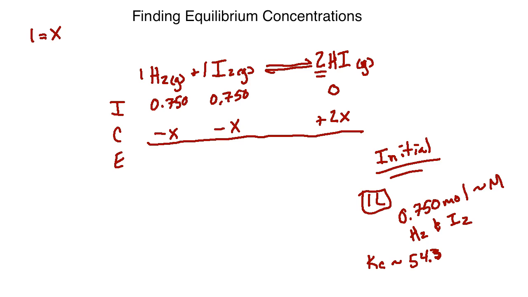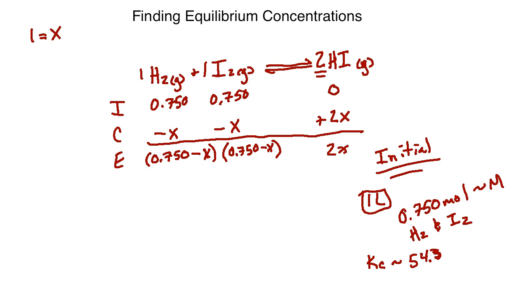So then, if I look at what I have here, at equilibrium, I have 0.750 minus X for the H2. And then I also have 0.750 minus X for the I2. And then I would have 2X for the HI. Now think about this.